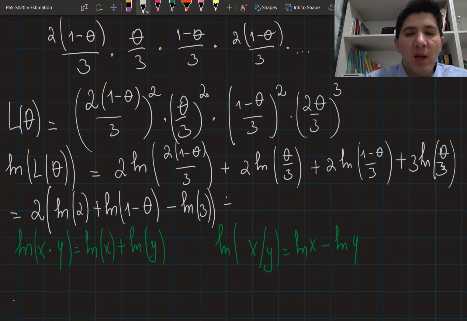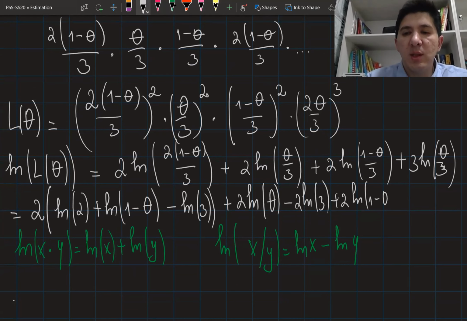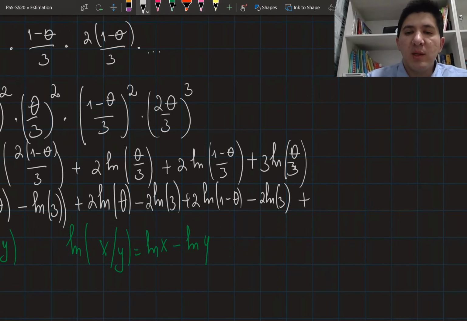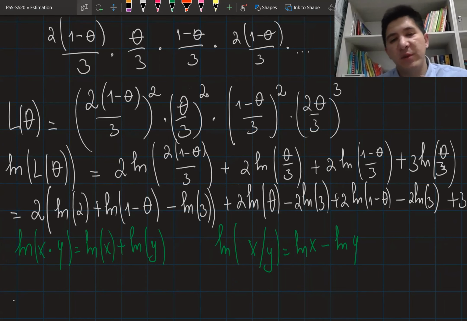It's going to be plus 2 ln of theta minus 2 ln of 3, plus 2 ln of (1 minus theta) minus 2 ln of 3. And the last term is going to be plus 3 ln of theta minus 3 ln of 3. If you expand everything, you will have lots of terms with the ln's, right?